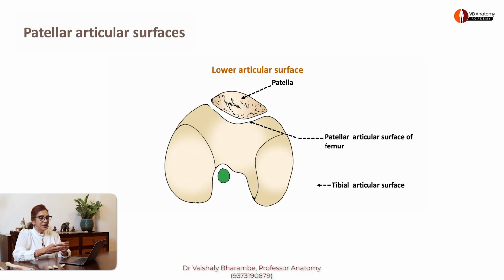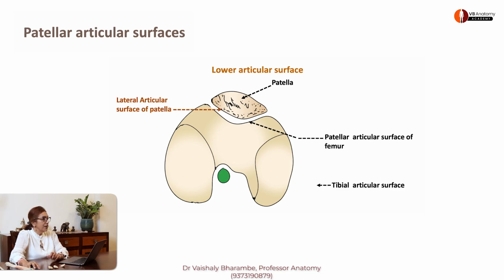So if you take a look, this is the larger lateral side. This is the less large medial side than the medial-most side. We'll talk about this some more. So this whole thing corresponds to the surface provided by the femur for articulation. This patella is going to articulate with the articular surface on femur. See here. So if the femur provides that kind of surface, the patella has to correspond.